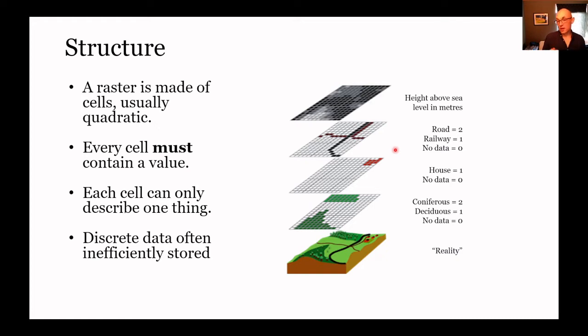So this is why it's inefficient for discrete data, because of having to store this repetition of not much happening, as well as the repetition of here's the same thing again, here's the same thing again. It's that repetition that makes it dull for discrete data.